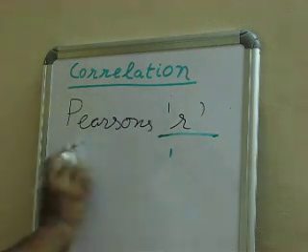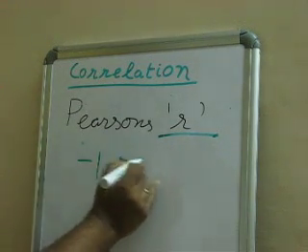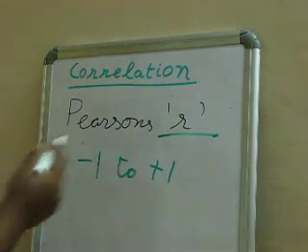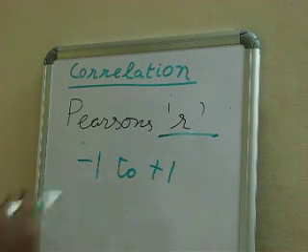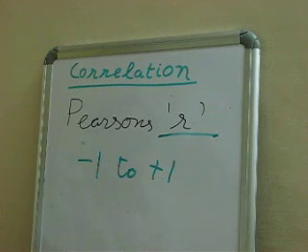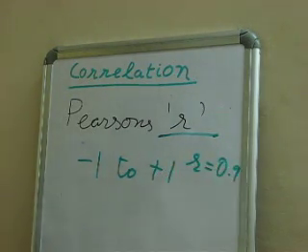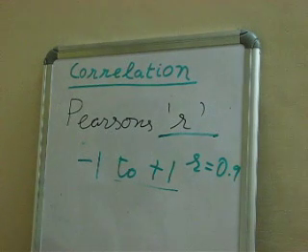If the value of R is tending towards +1, we say that X and Y are highly correlated to each other in a positive way. If R is equal to 0.9, we say that it's 90% correlated and it's very near to +1, so the dependency is very high.